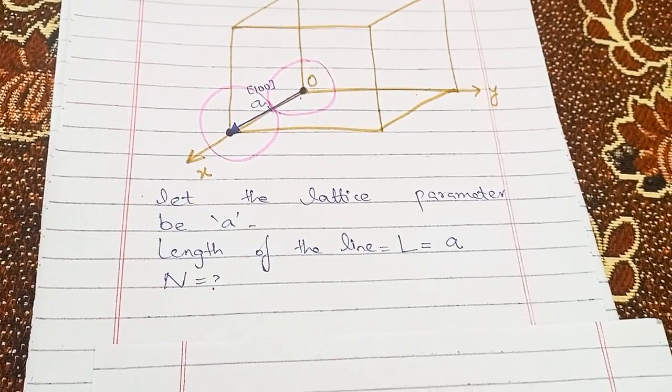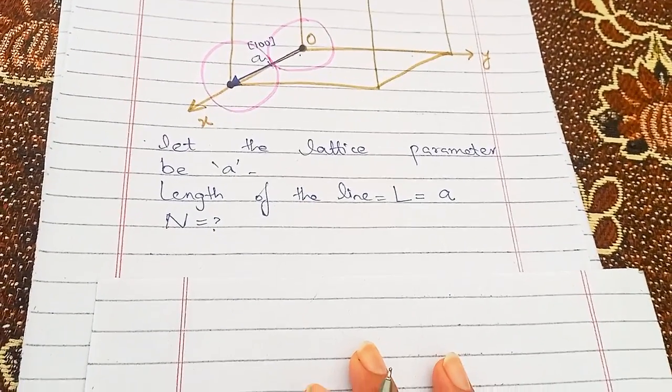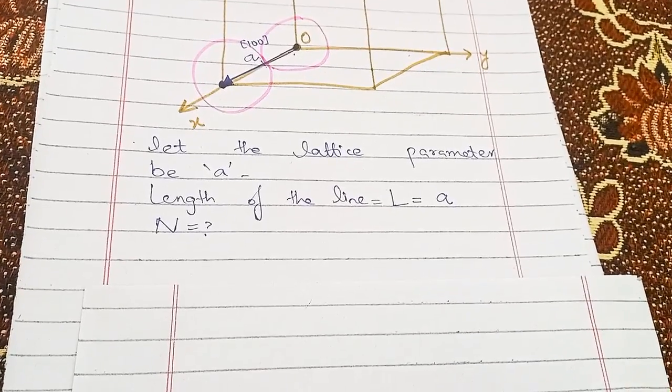And how will you calculate the net number of atoms and assign a number to it? Let me clarify this.